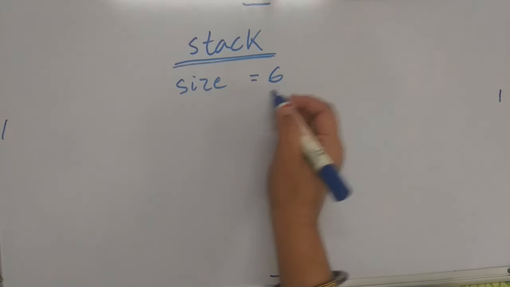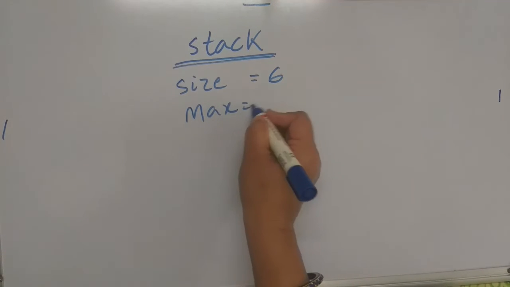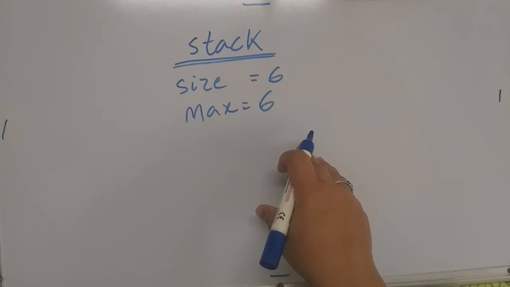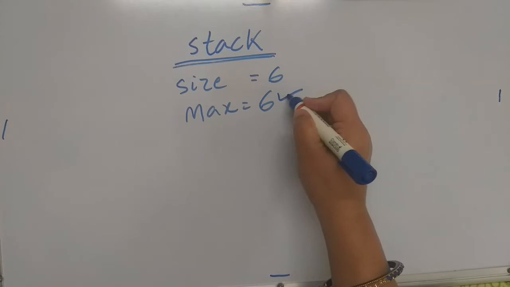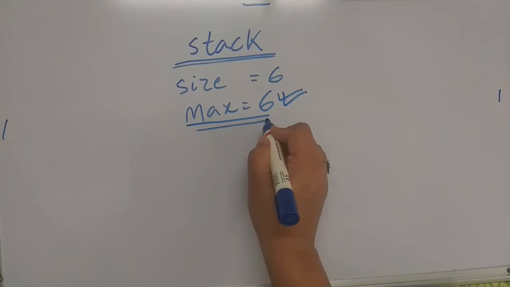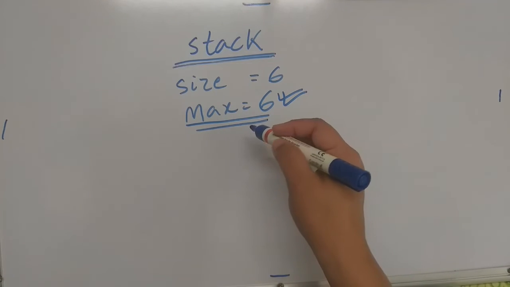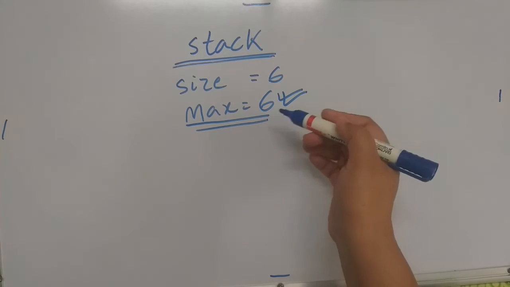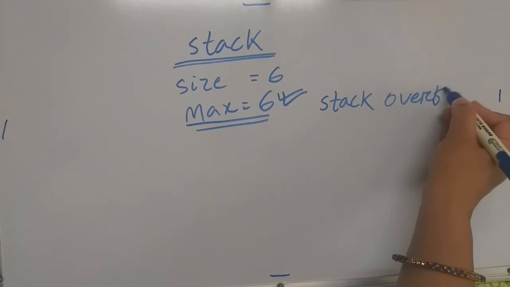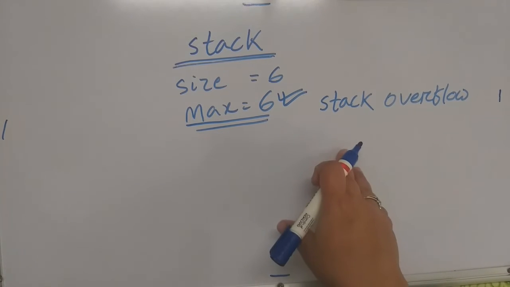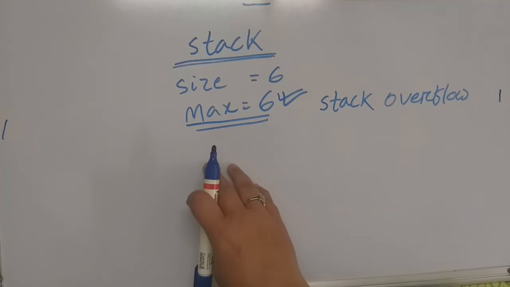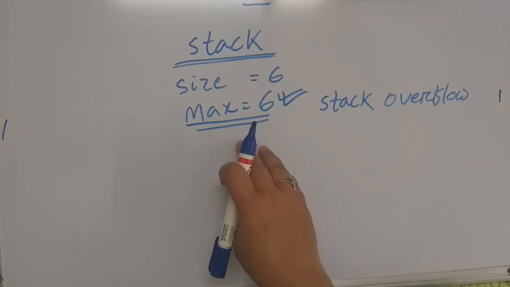That means it can take a maximum of 6 elements. Whenever we reach the maximum size, that means the stack is overflow. This is all about the push operation. Whenever the size is minimum, that is the underflow condition.